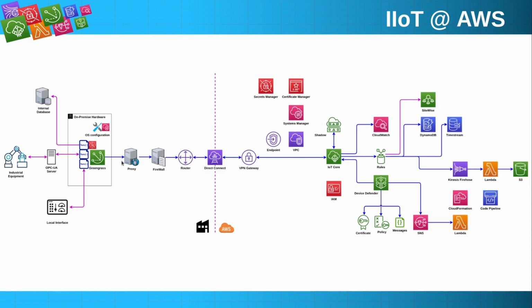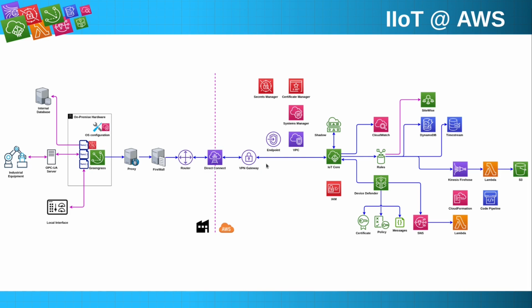Recently, AWS IoT Core introduced support for VPC endpoints. That feature is very important from a design perspective. It allows you to span a private network between the factory and AWS infrastructure. This way, only private IPs are used during the communication.